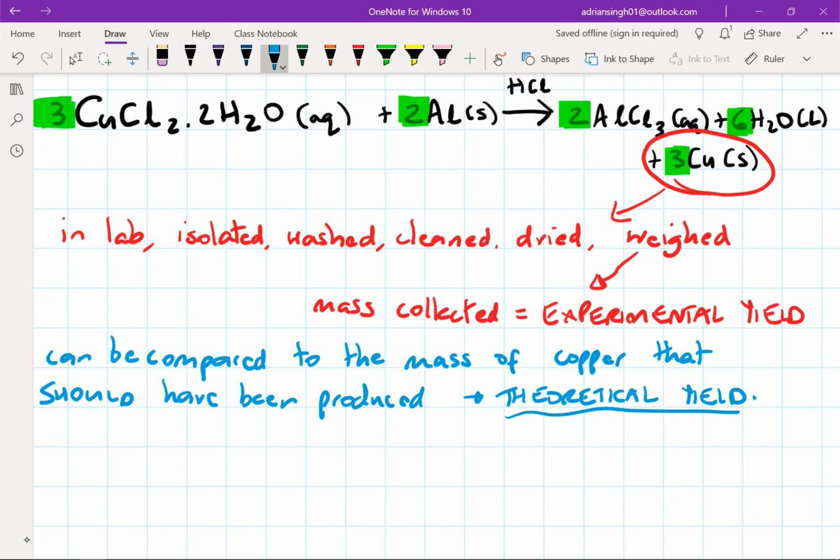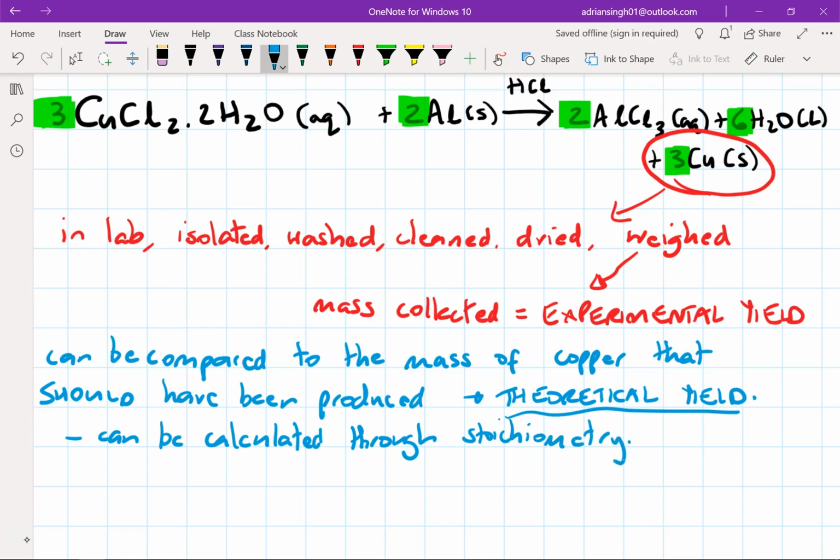Okay, and we can calculate that theoretical yield. This can be calculated through stoichiometry, right, which is the whole idea behind the lab.